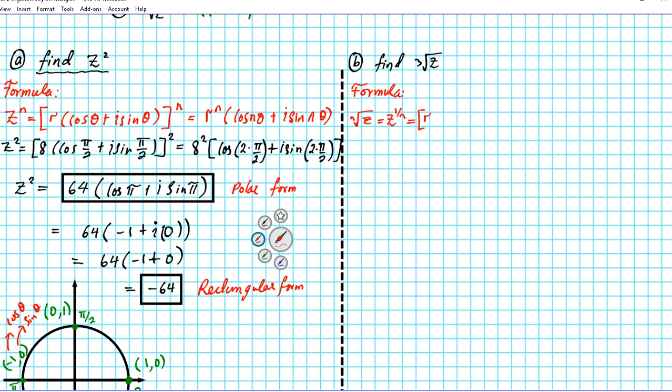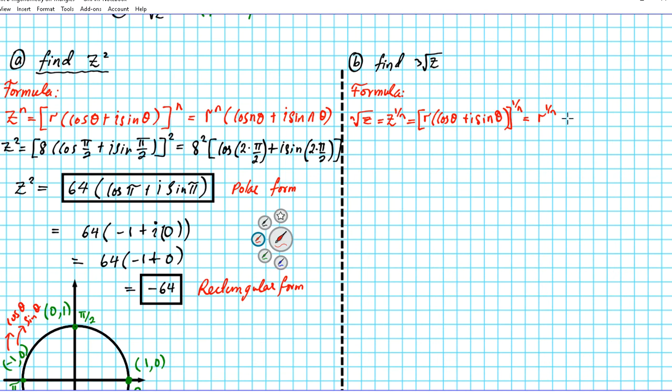Let's say we have the complex number r cosine theta plus i sine theta, and we want to find the nth root. So we're raising it to the 1 over n. It's going to become r raised to the power 1 over n, because it's a reciprocal. And then what do you think we're going to do next?